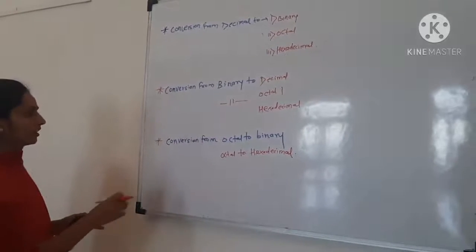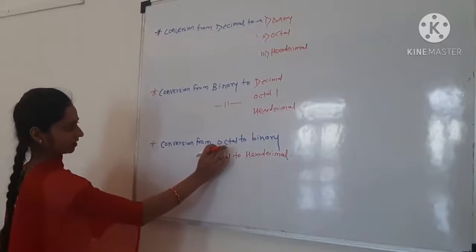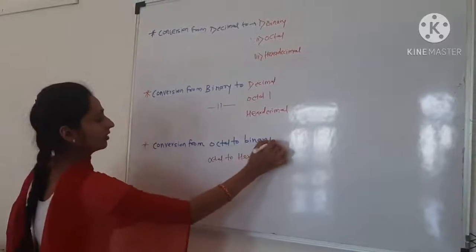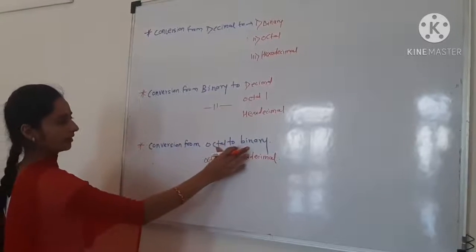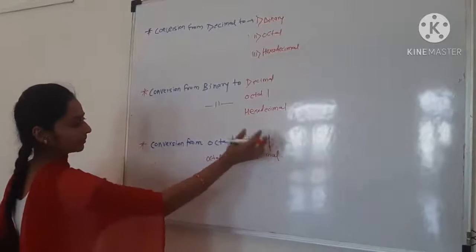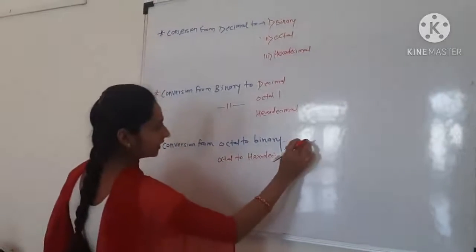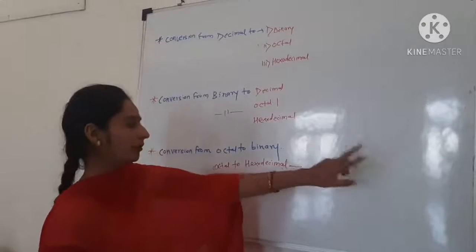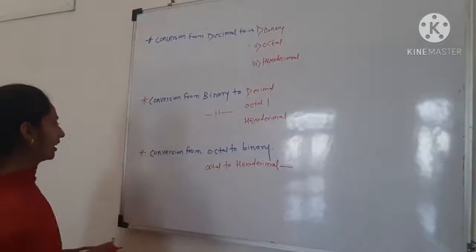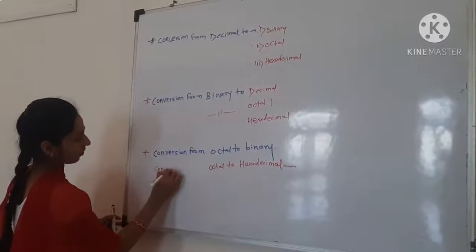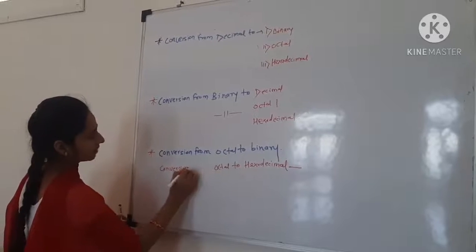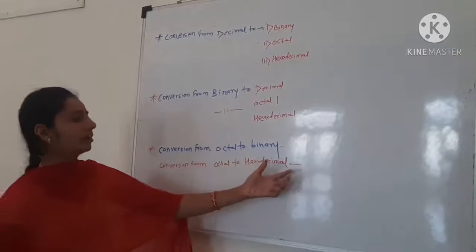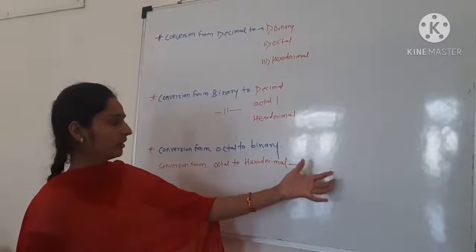In the previous lecture we completed conversion from octal to binary. In this conversion we did the grouping of 3 bits starting from the least significant bit to the most significant bit in the integer part, and in the fractional part we did the grouping of 3 bits from the most significant bit to the least significant bit. In octal to hexadecimal, only one difference is there, that is the grouping size.